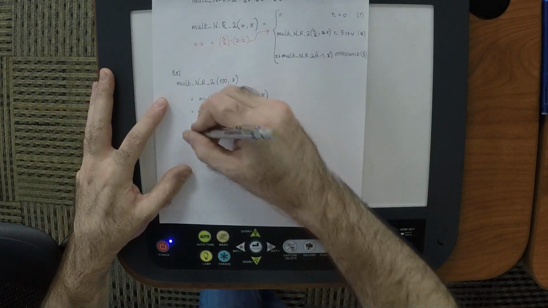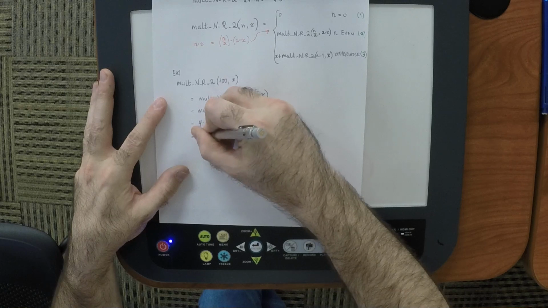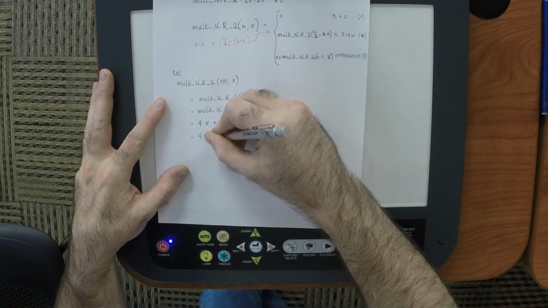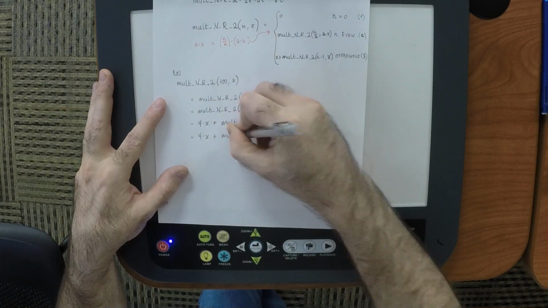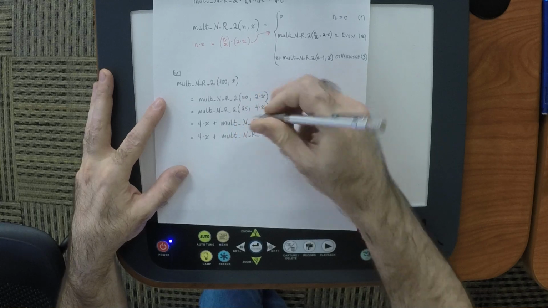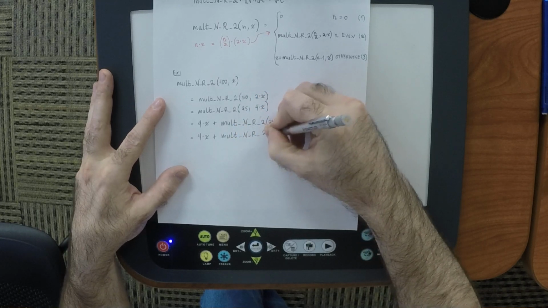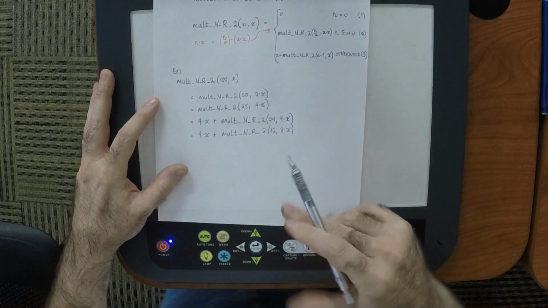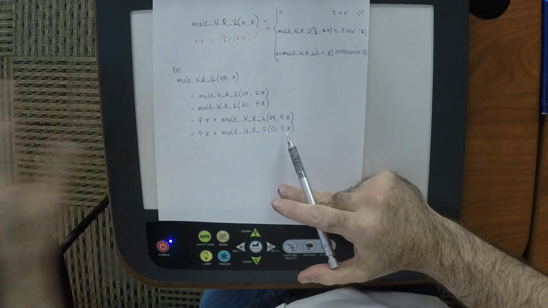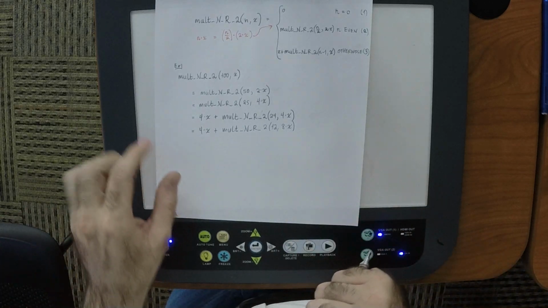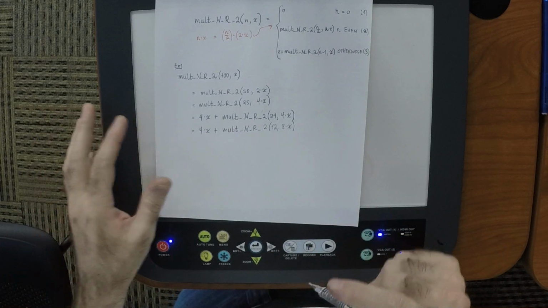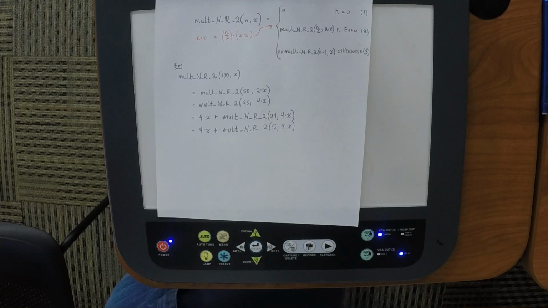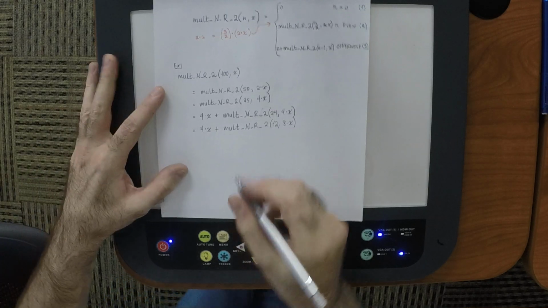All right. So then this will be 4x plus mult in R2, 12, and 8x. And remember that this means 8x. Understand that that means shifting the point 3 positions to the right. That's what that means in a binary number, right? Shift, shift, shift.